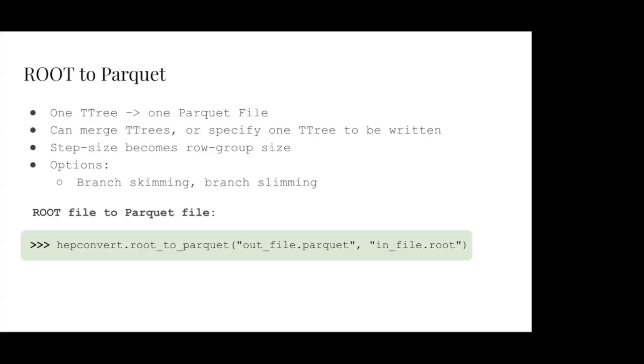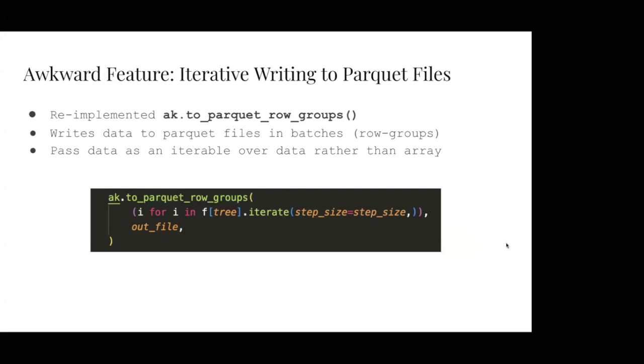And for this, users can do branch skimming or branch slimming, so selecting data in different ways as a parameter. And wildcarding and regular expressions are accepted for how you select your data. So that's pretty easy. I also implemented a feature for Awkward Array, or re-implemented it. It was in previous versions of Awkward Array, which is awkward to Parquet row groups.